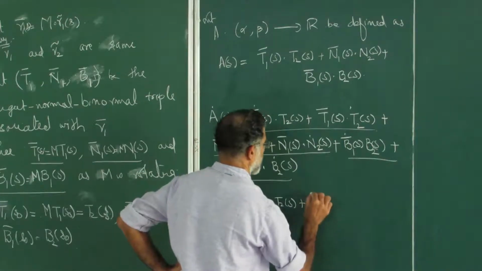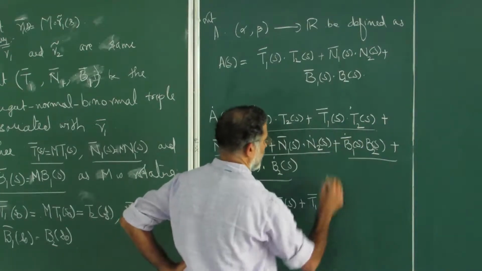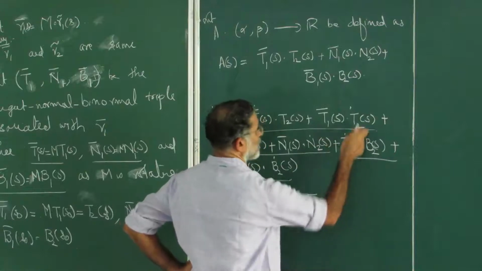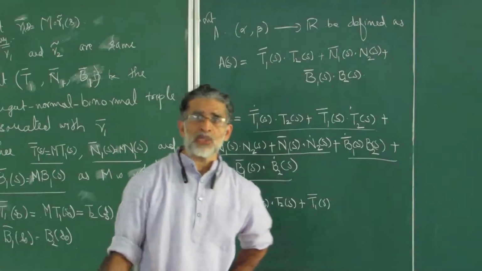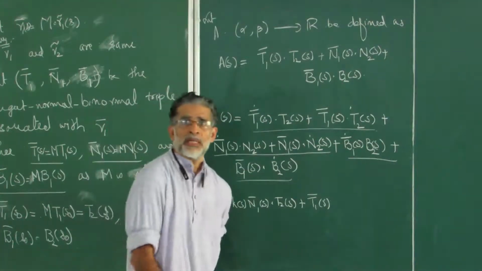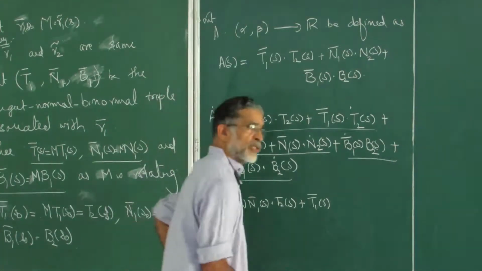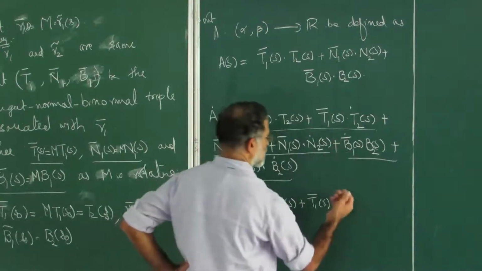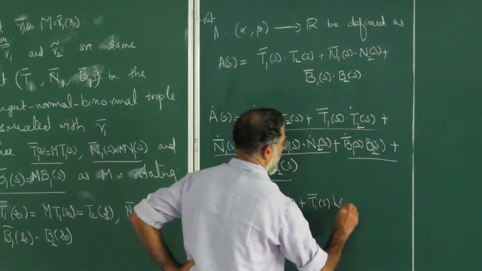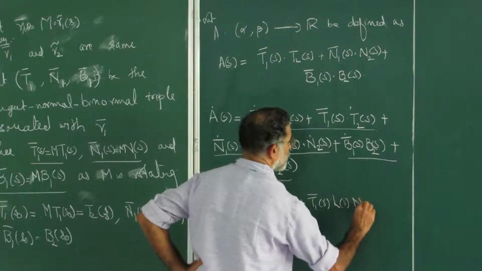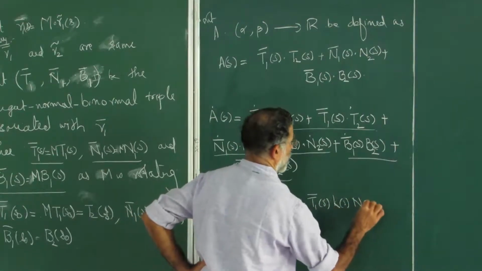T1 bar s is as it is, and T2, as I just said, is the tangent vector of gamma 2 tilde, whose curvature and torsion are the same as gamma 2. So this is the same as K s N2 s.